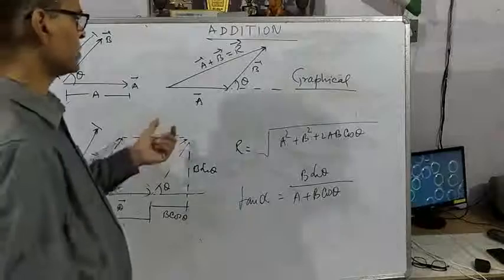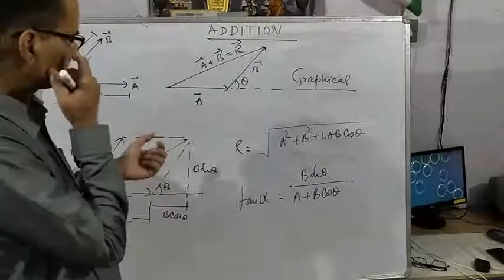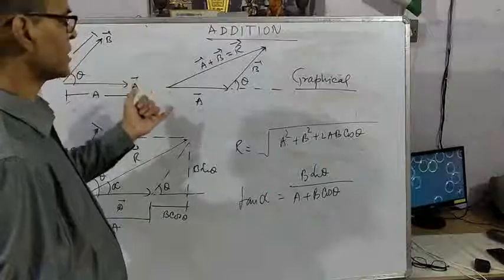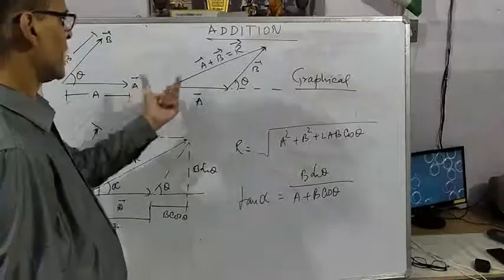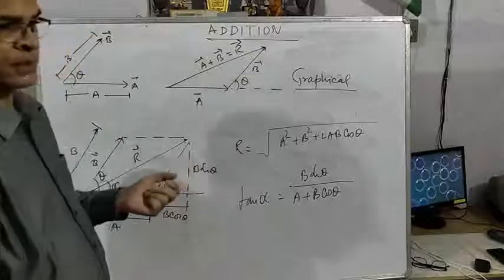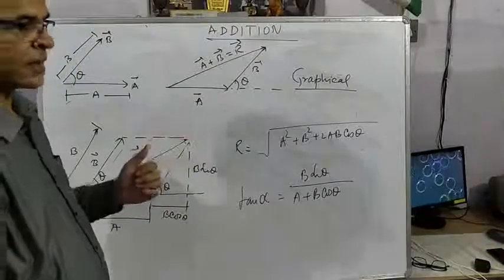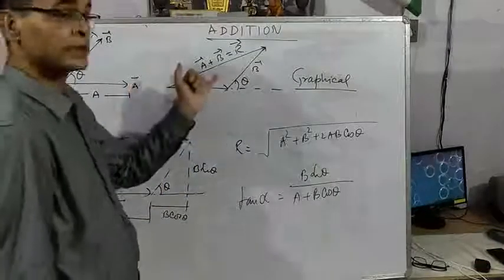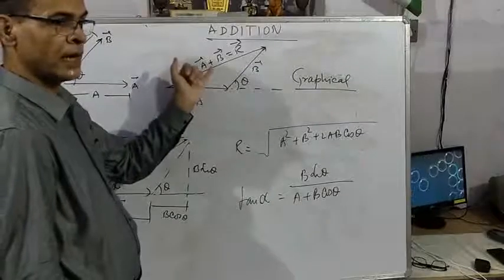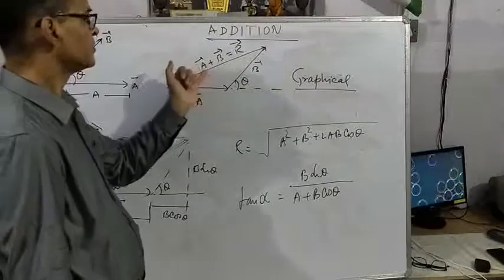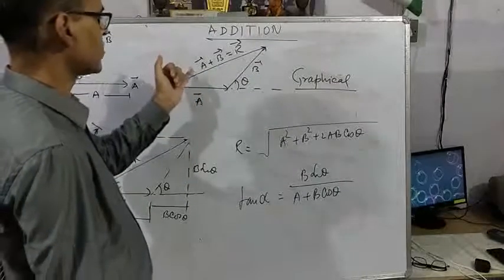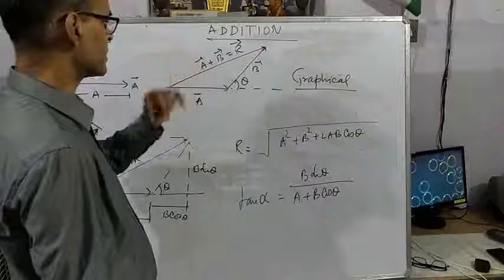Suppose you have assumed scale as 20 meters equal to 1 centimeter, and this line comes out to be 5.5 centimeter. So according to that scale, this displacement or this length will represent 110 meters.